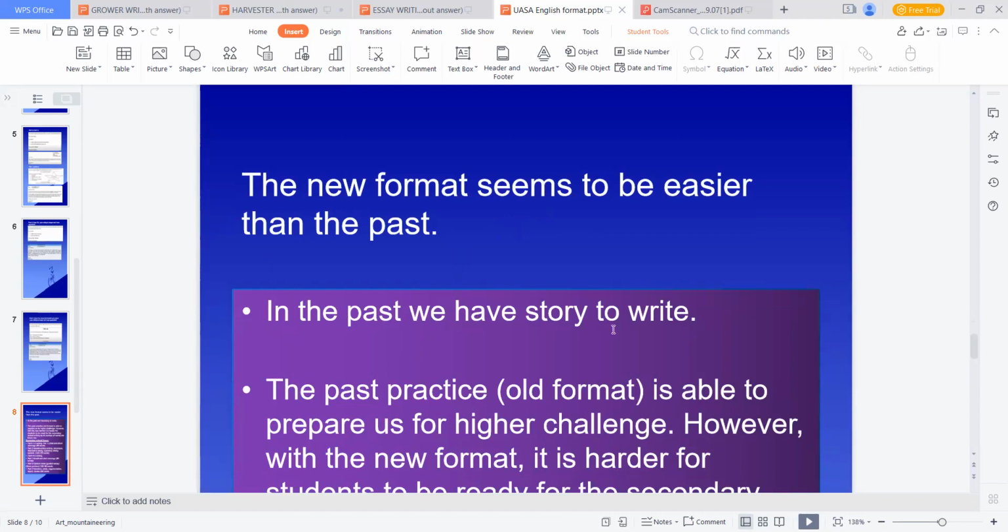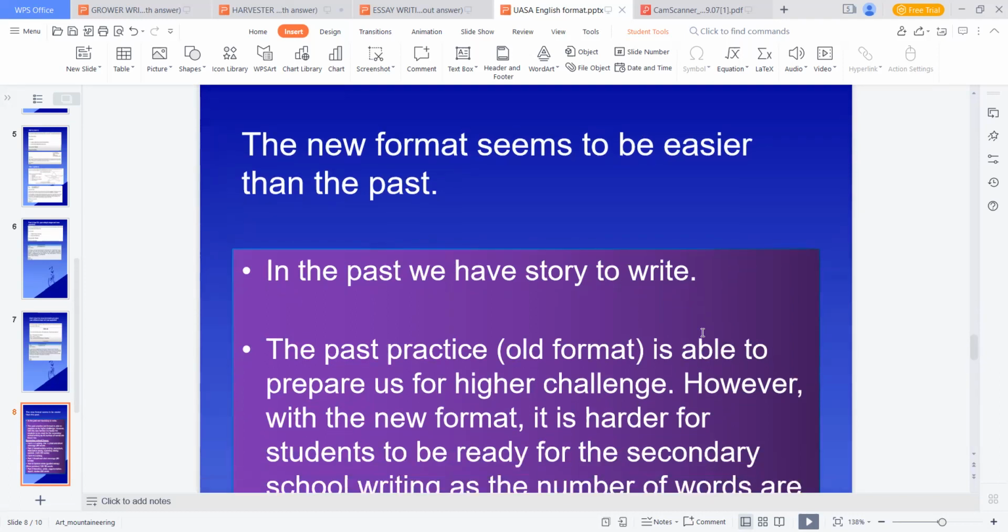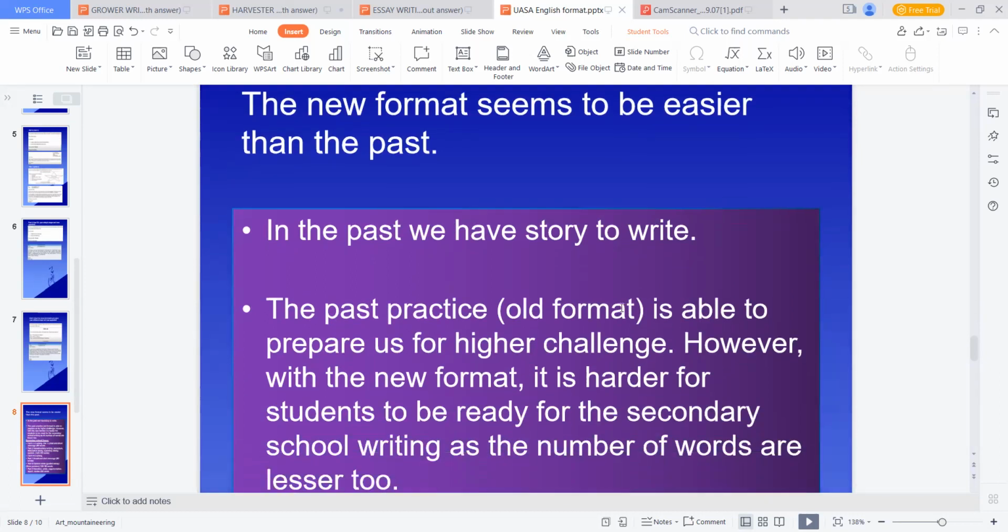In the past, we had a story to write for the lower form, the elementary schools. Does it mean that it's obsolete? Does it mean that it's no use at all? Actually, in the past, the task was harder for students to handle. But actually, they are very necessary.